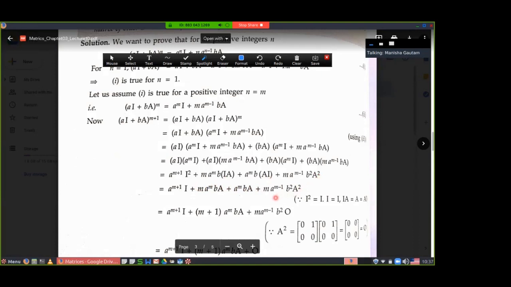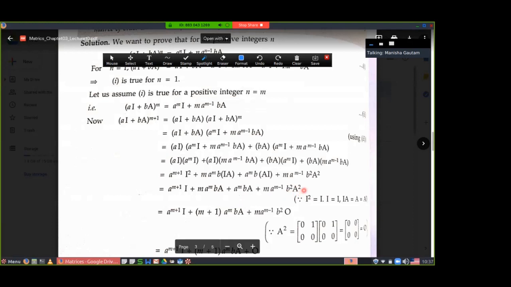Okay. Now here the properties are written, which I told you. I square is equal to I, and I into A into I is equal to the A matrix. Now collect the terms and take common.